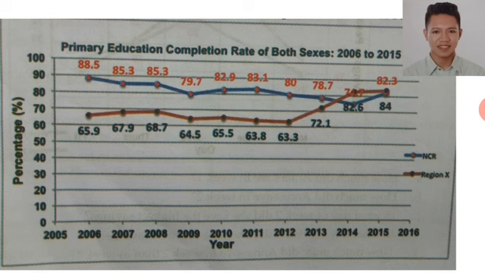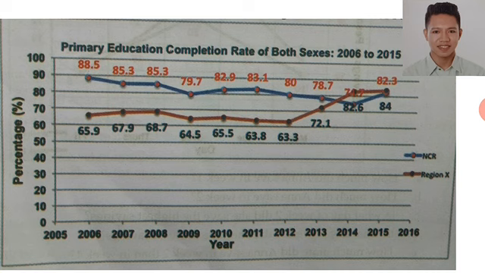When you make a line graph, first decide on the title: primary education completion rate of both sexes from 2006 to 2015. Next, don't forget to label the vertical axis and the horizontal axis. The vertical axis would be the percentage and the horizontal axis would be the year.